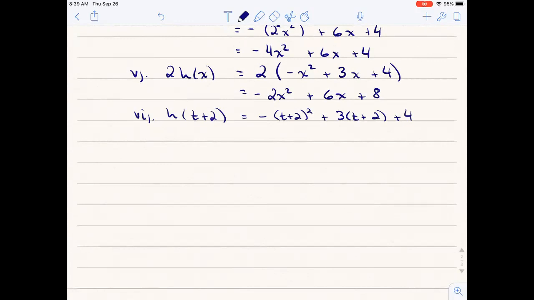Yikes. The t plus 2 squared, right? I always just write them out next to each other because then I can feed the chickens, I guess. And I'm going to move my equal sign over because I can tell I'm going to need more room. And so what I've got is negative, and then t plus 2 times t plus 2.